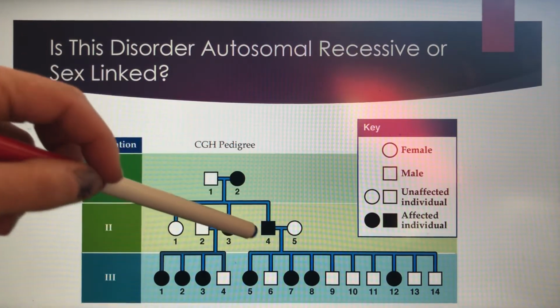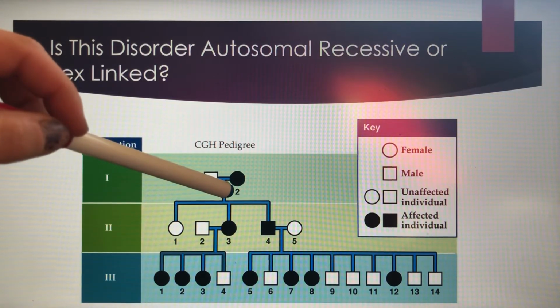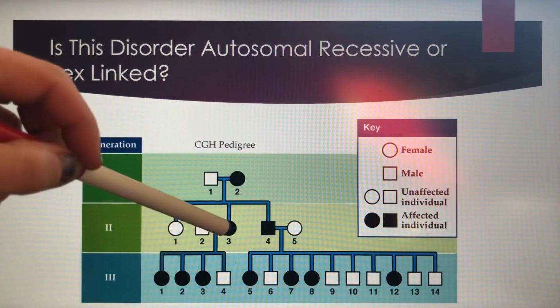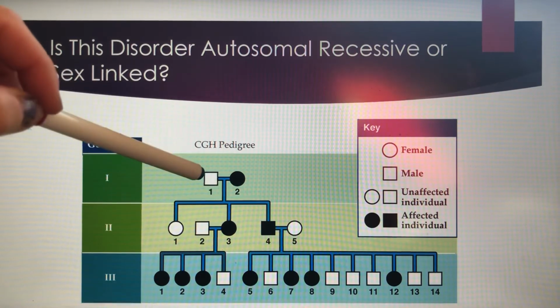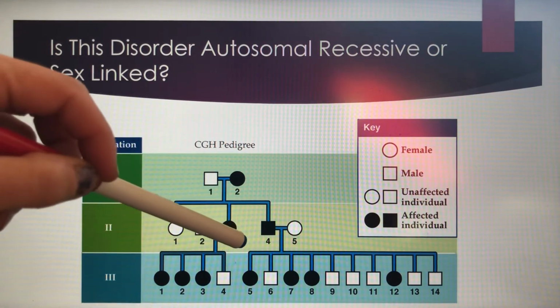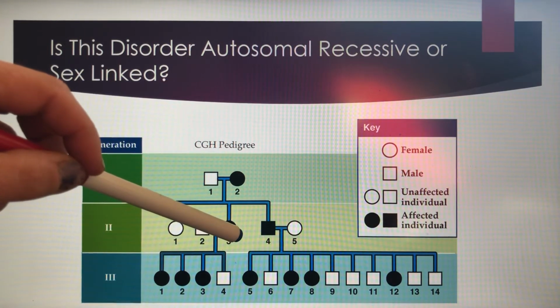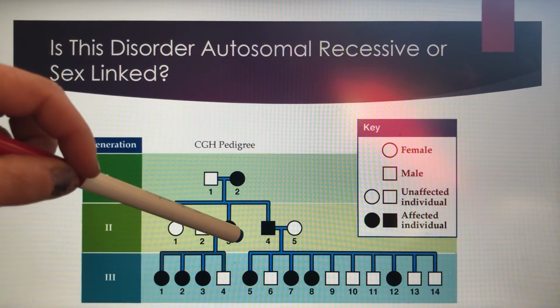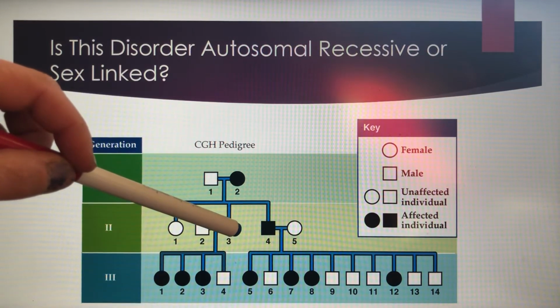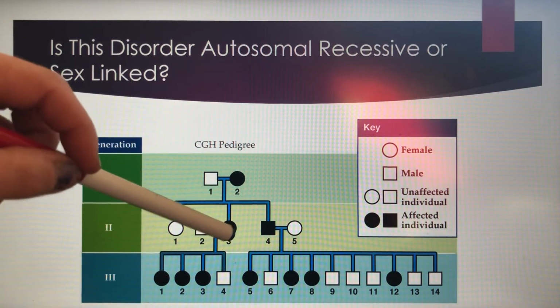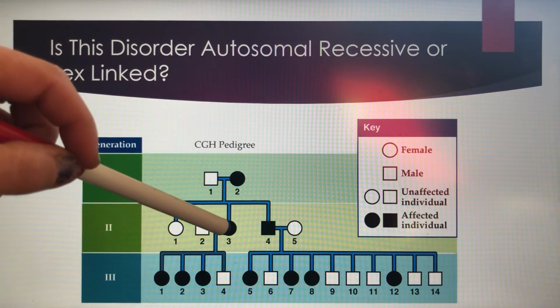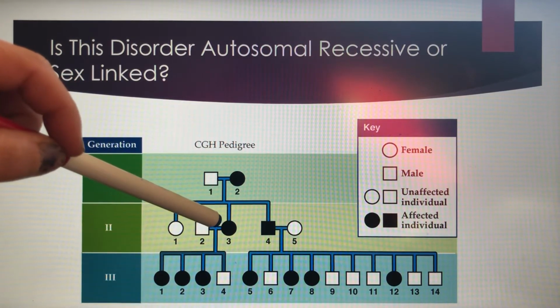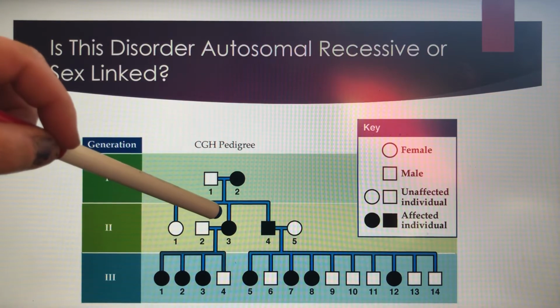Well, that kind of makes me think, okay, well, she could have gotten the affected. If dad isn't affected, she has to get one X from her dad, right? So to be affected and be a sex-linked recessive, then she would need to have a faulty X from her dad and a faulty X from her mom. So that makes me think this is not sex-linked.